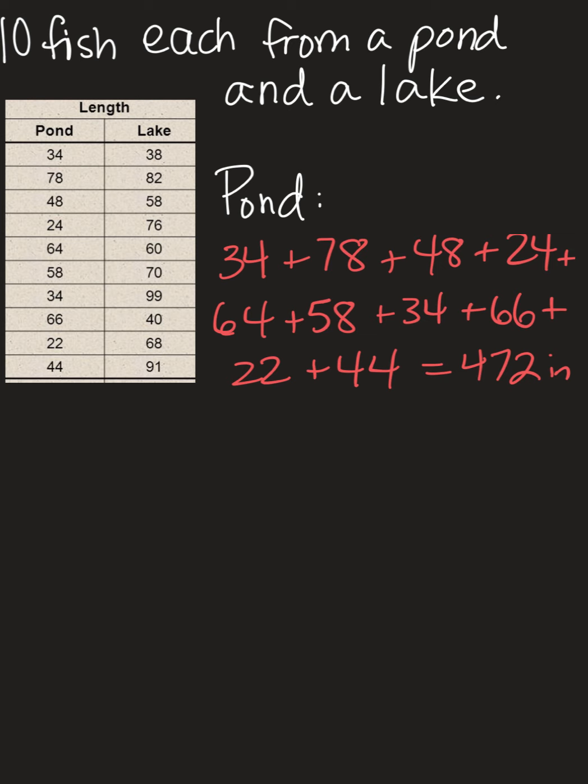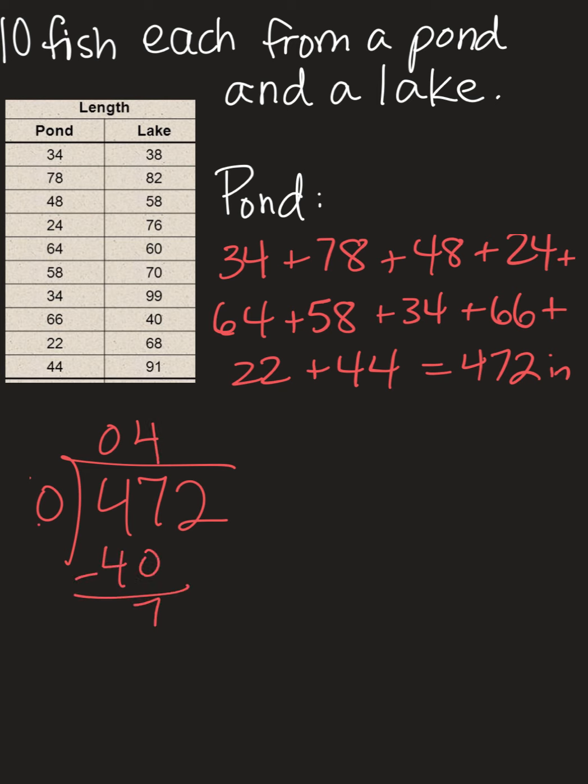Now, there are 10 fish, so the second step is taking 472 and dividing it by the 10 fish that we included. 10 does not go into 4, does go into 47 though, 4 times. 4 times 10 gives me 40. With 7 left, I'm going to drop down my 2. 10 goes into 72 7 times. So 10 times 7 is 70.